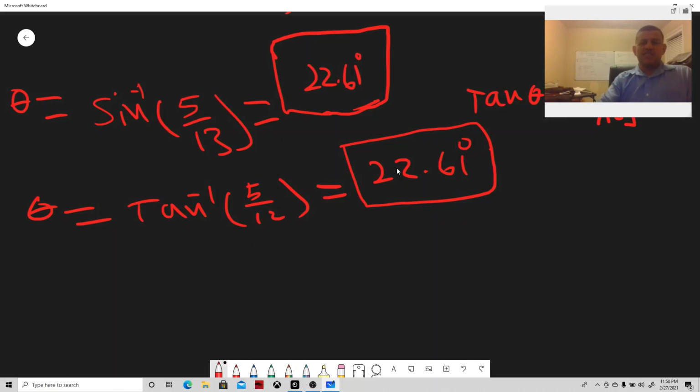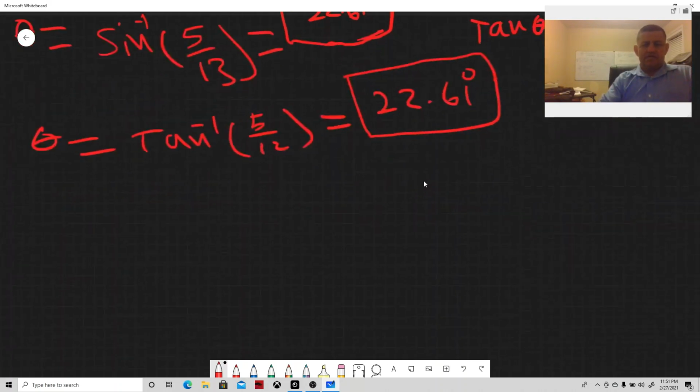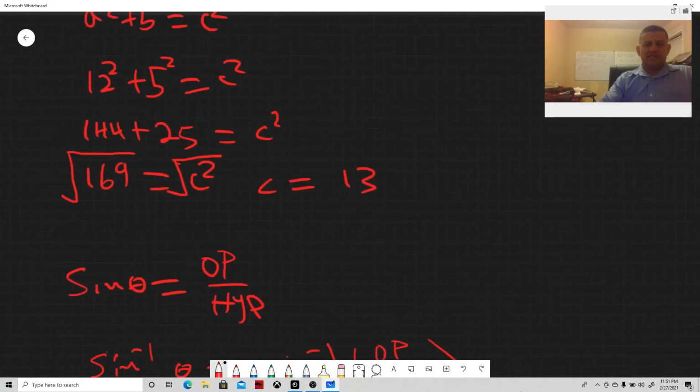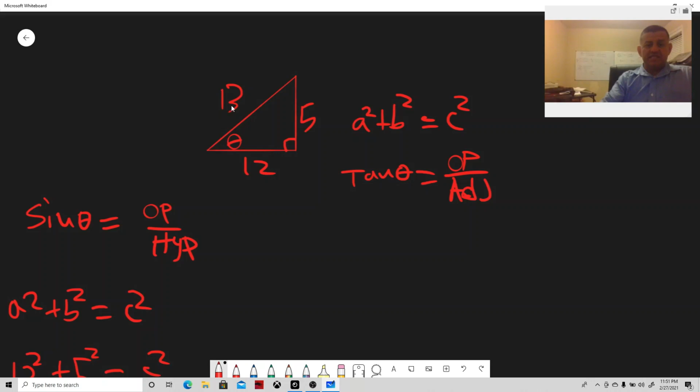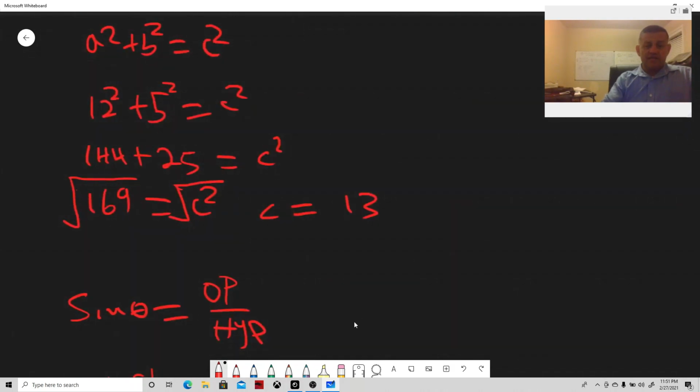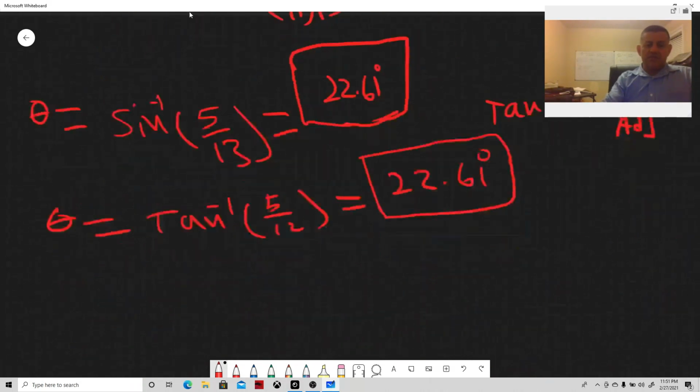Now, if you use cosine, it's going to give you the same angle. But you know how we did this: we did not have a C. We actually followed the formula. The tangent of theta is equal to opposite over the adjacent. We did not have 13 in the initial problem. We found 13 by using the Pythagorean theorem, and we used that 13 to find the angle using the trigonometric function.